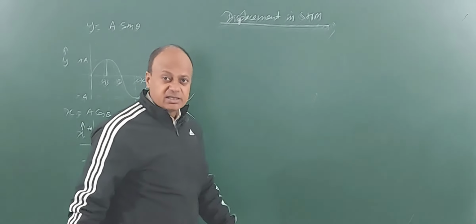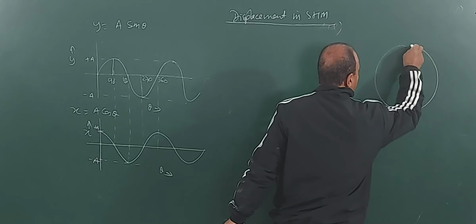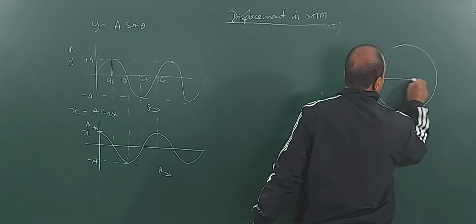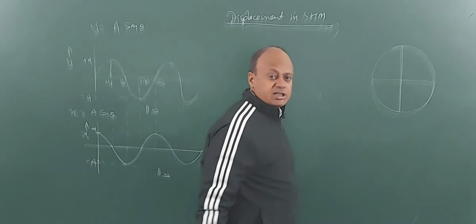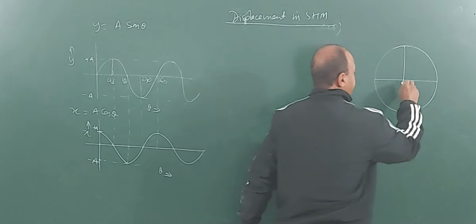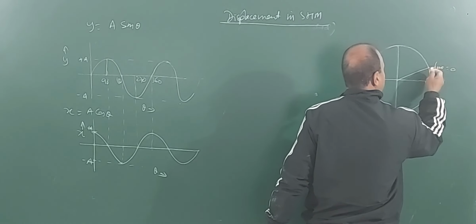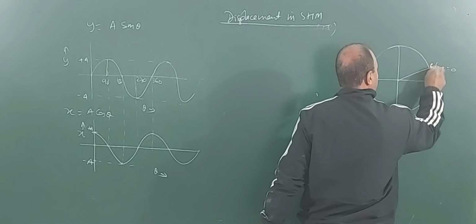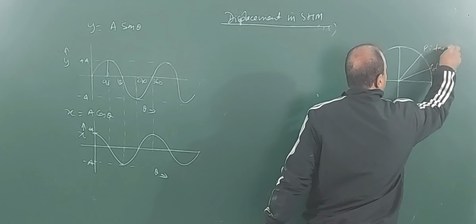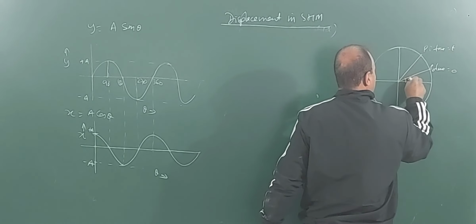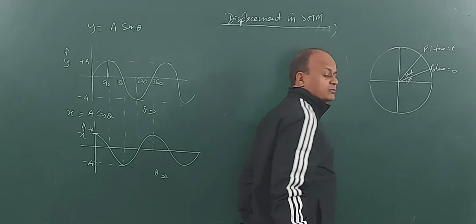We already did in the previous video that when a particle moves along a circular path, clear? Suppose the initial phase is phi, at time equal to 0 the particle is here at P0, and at a given time t the particle is here. This angle is phi and this angle is omega t.